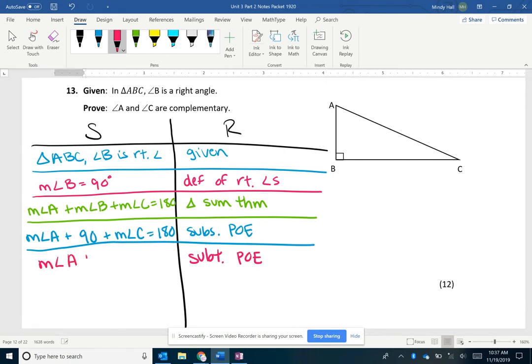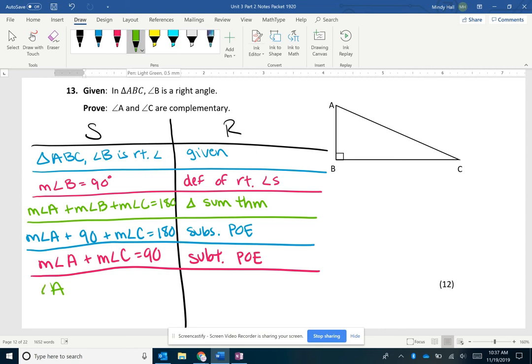But that would give us measure of angle A plus measure of angle C equals 90. And so then, if added together they're 90 degrees, that means angle A and angle C are complementary to each other, because of the definition of complementary angles. Okay, they add up to 90, so I know they're complementary.